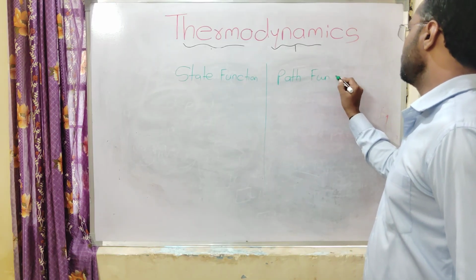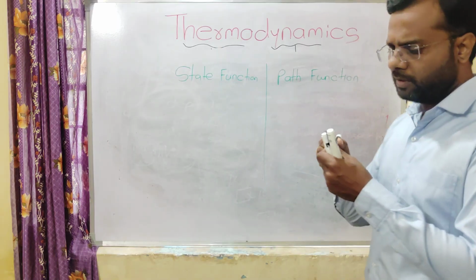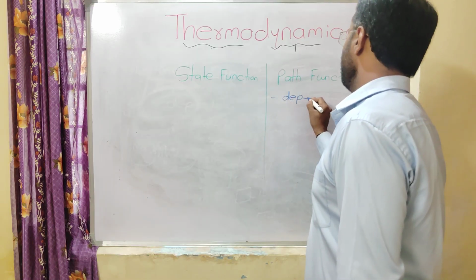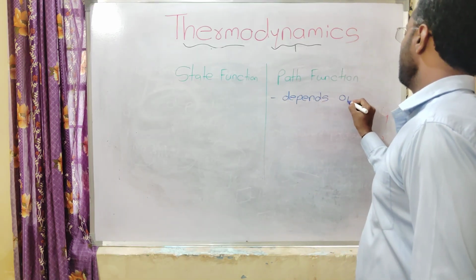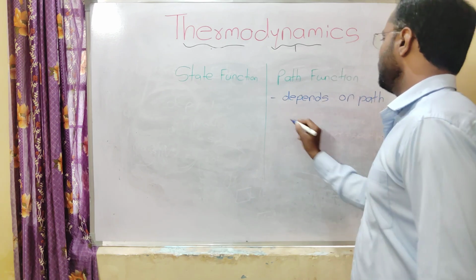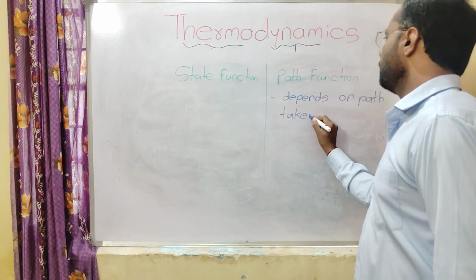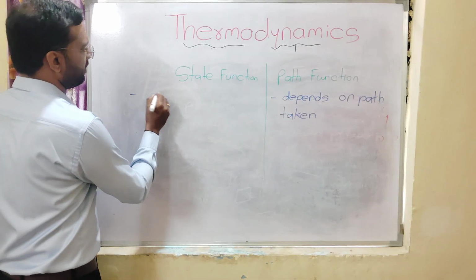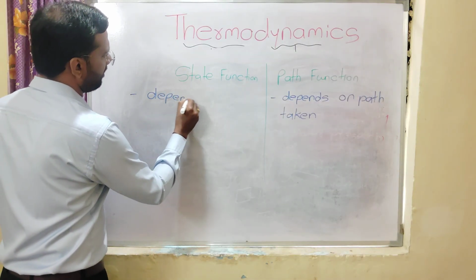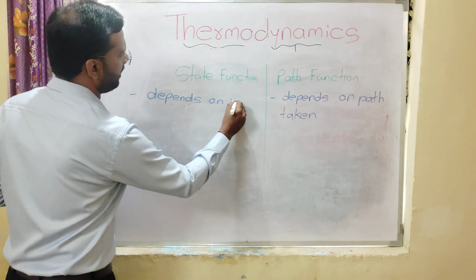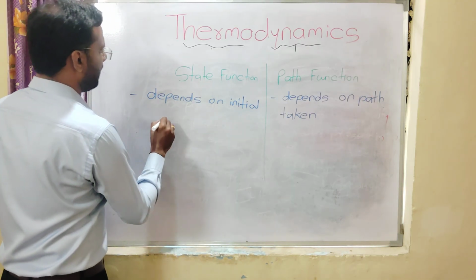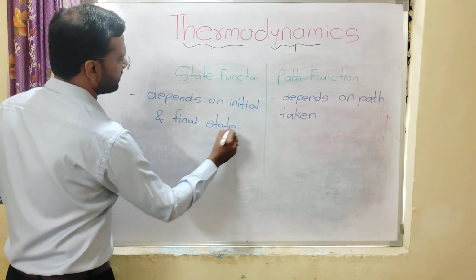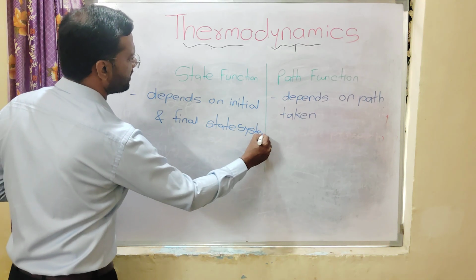The name itself suggests: path function depends on the path taken to complete any observation or any process, and state function depends on the initial and final state of the system. It will depend only on the initial and final state.